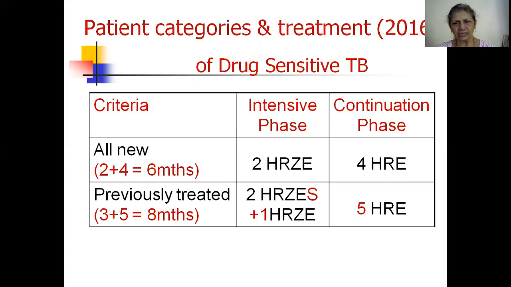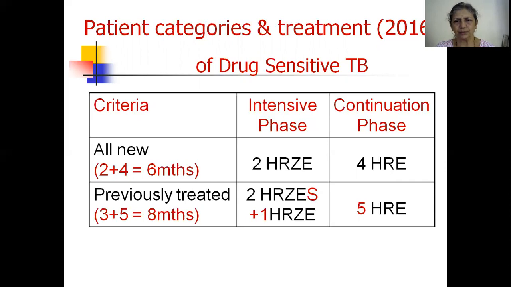So for the 2 initial months of the intensive phase, the patient receives HRZE plus an injection of streptomycin every day. Then for 1 more month, only streptomycin is omitted, but the patient receives H, R, Z, and E, 4 drugs. And in the subsequent 5 months, he receives H, R, and E: INH, rifampicin, and ethambutol.